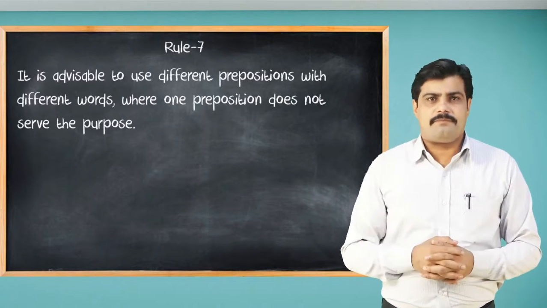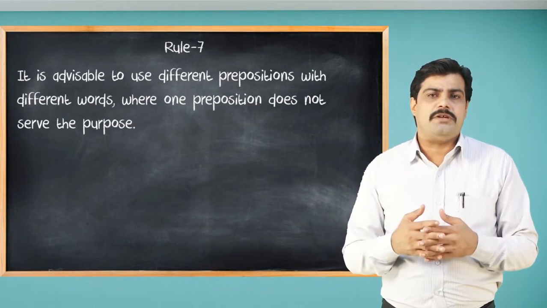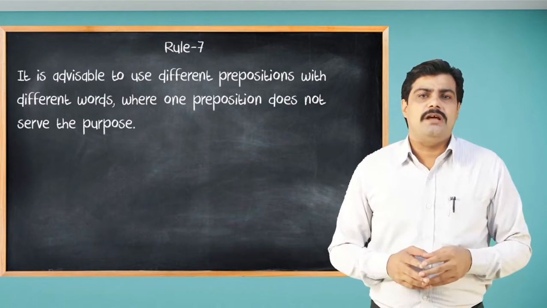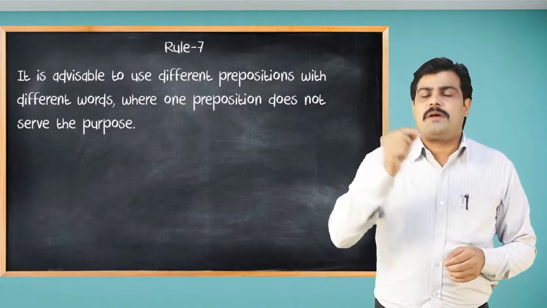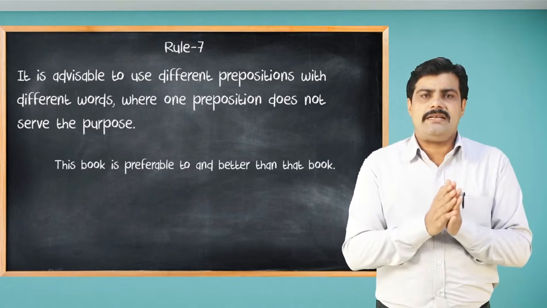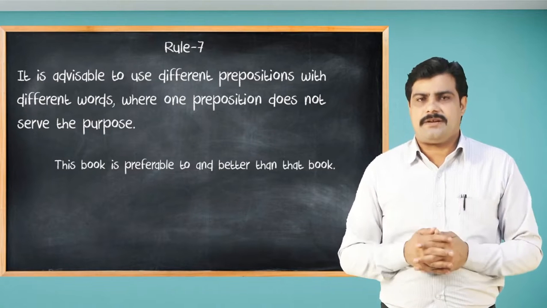Rule number 7. It is advisable to use different prepositions with different words, where one preposition doesn't serve the purpose. For example, in this sentence there are two words, preferable and better.